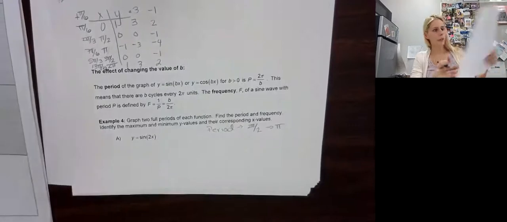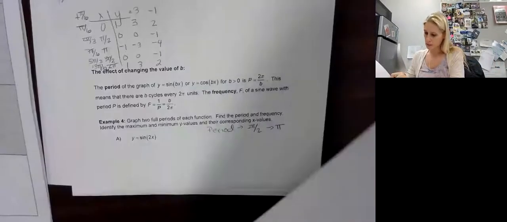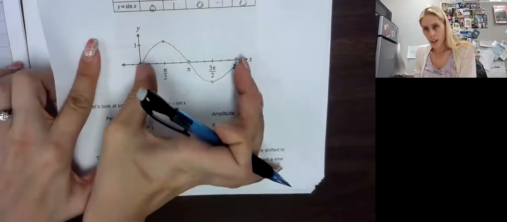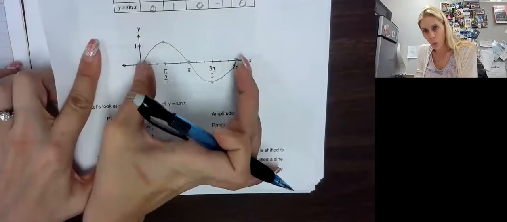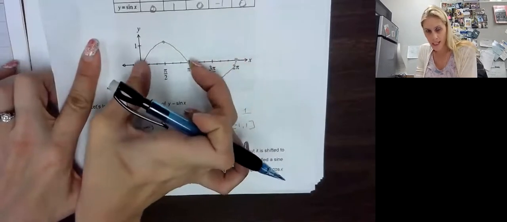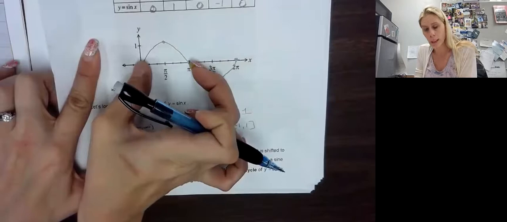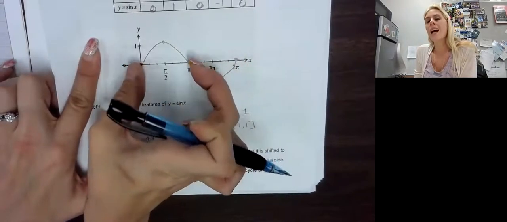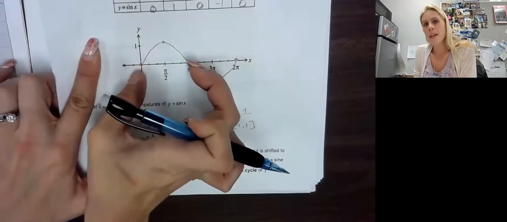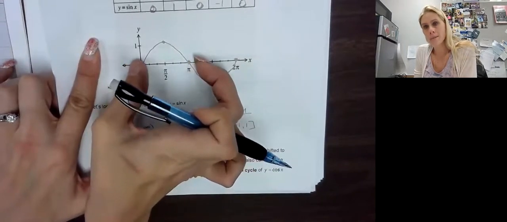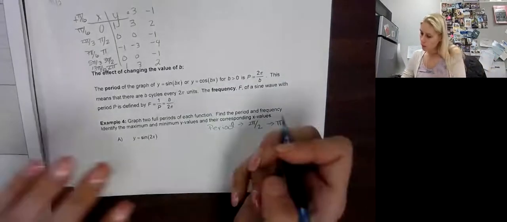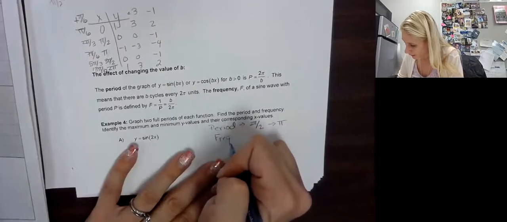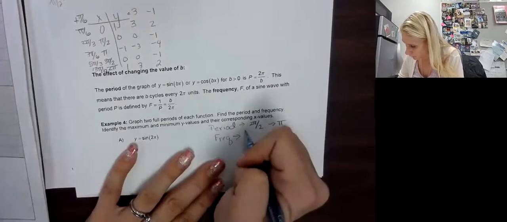Well, if we go back to our original graph of sine, because we're doing sine here first, it means we're going to take this whole period here and squeeze this whole rotation into this little spot. We're taking this whole rotation and squeezing it so it does a full rotation in pi. Well, frequency, remember all we need to do is flip our period, so 1 over pi.